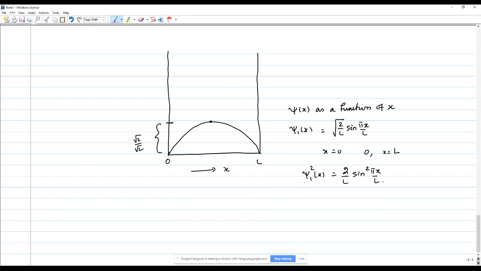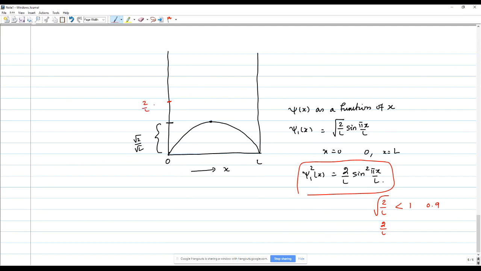So now I want to plot psi 1 square, 2 by L. Let us assume that root 2 by L is less than 1 in some scale. Then 2 by L is definitely also less than 1. If this is say 0.9, 2 by L is of course greater than that. Okay, so 2 by L will be somewhere, probably this is something you can write.